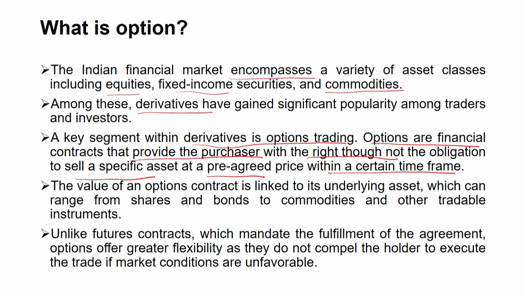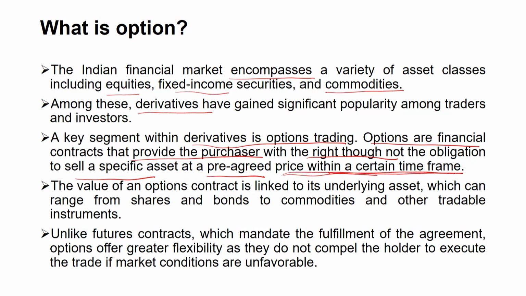That means the purchaser of the option contract has a right to sell or purchase a particular underlying asset without any obligation at a predefined price at a particular point of time, that is the maturity time of the derivative contract. That is known as the price within the certain time frame.